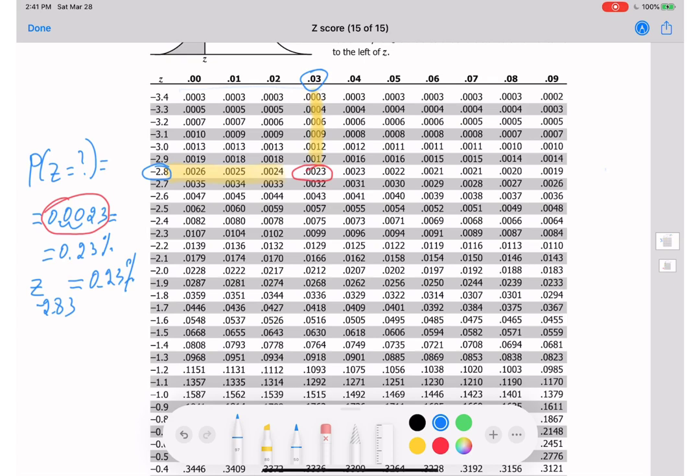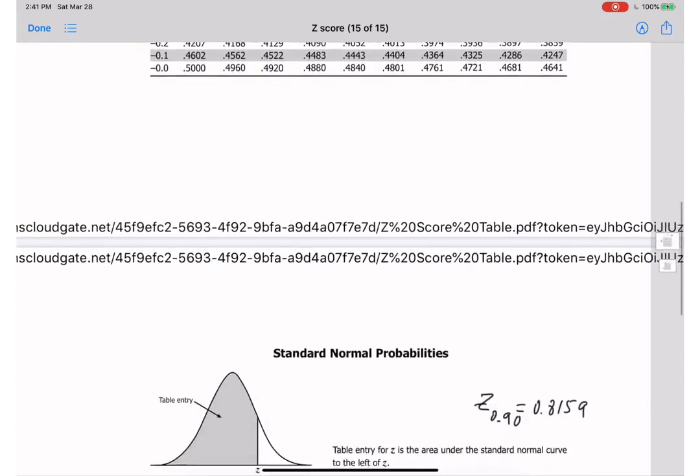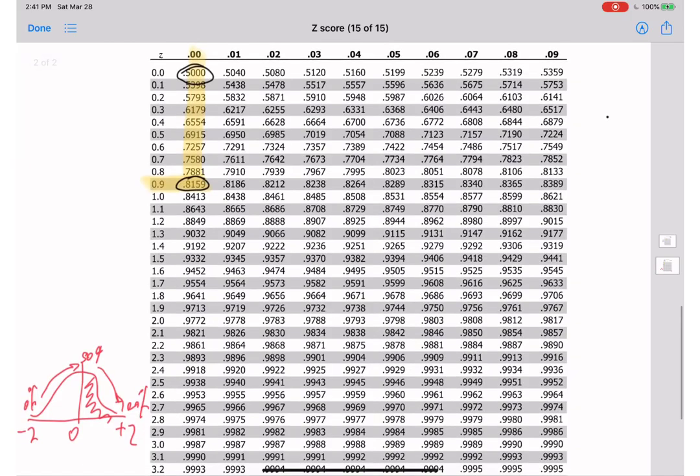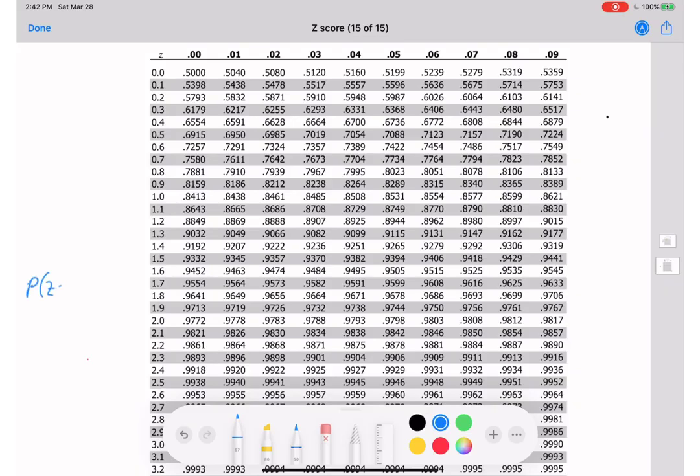Another one, let's see, let's say we want to take the probability of z-score equal question mark, for example, 98.42%.